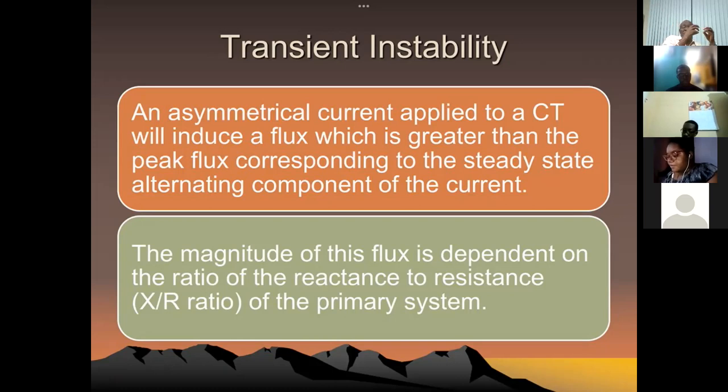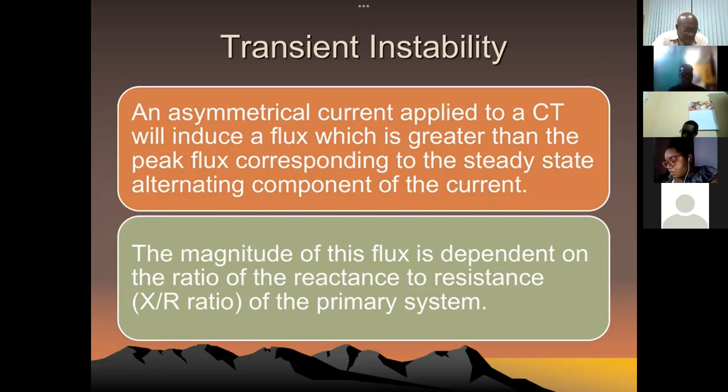So the CT, the relay, the unit protection system, is going to be impacted by the external circuit. And there's nothing you can do about that, because that's just the nature of the beast called a power system. You have high inductance relative to your resistance.